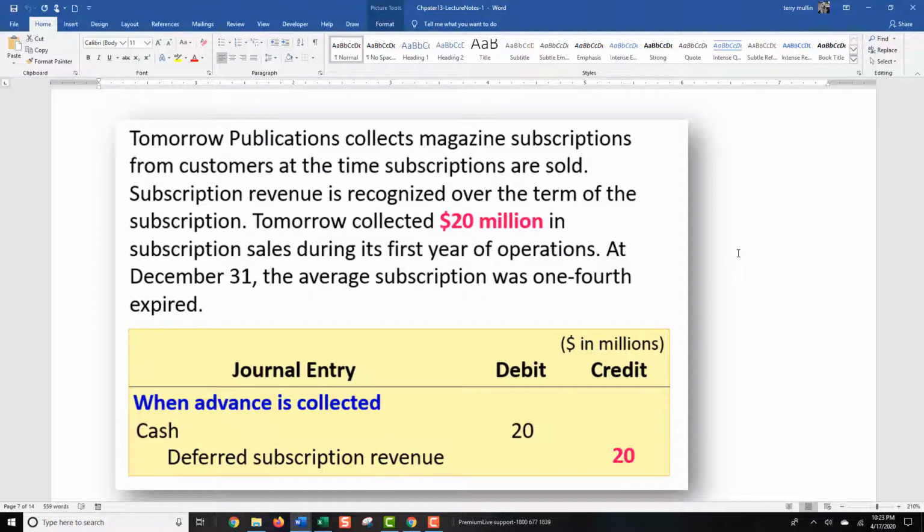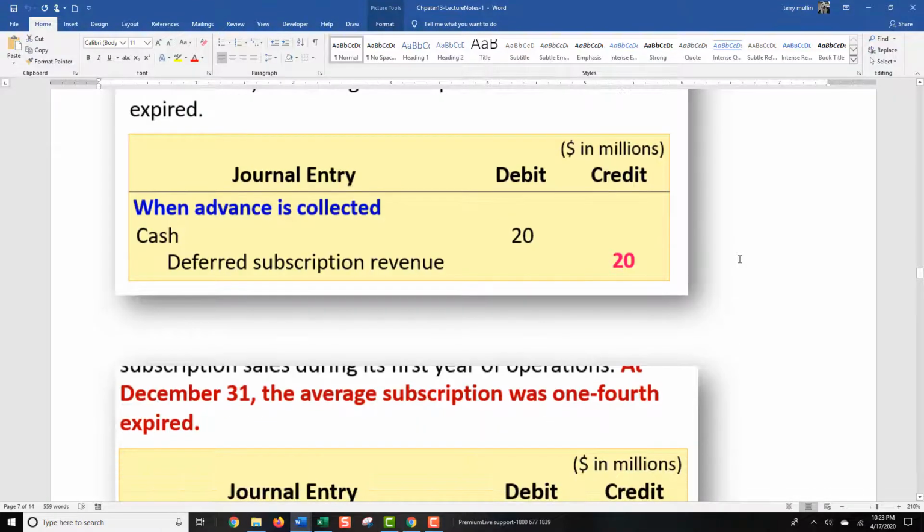So this company tomorrow collects $20 million in subscription sales during its first year of operation, and the average subscription 1/4 had expired. So what they collected was cash of 20 million, right? This is in million, and they have deferred revenue. That deferred revenue is a liability. It's not revenue. Deferred revenue is a liability account.